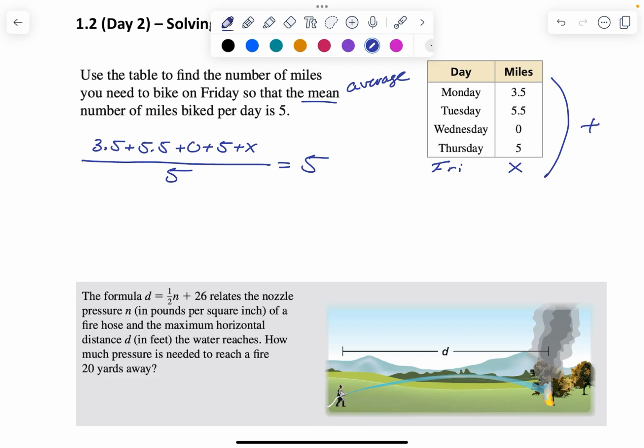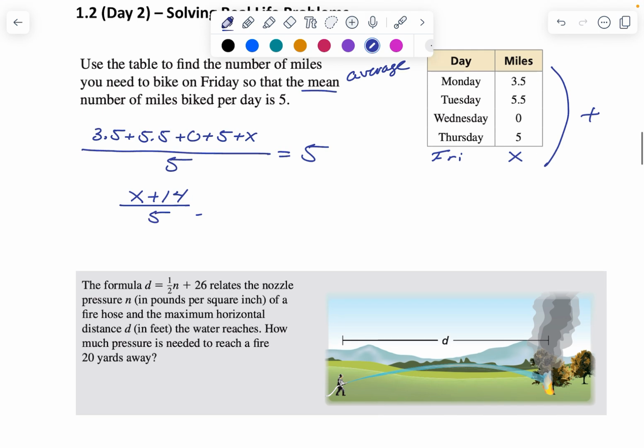So if we simplify the top of that fraction, we're going to end up with x plus 14 divided by 5 equals 5. Now, I don't think we've seen anything like this yet. That x plus 14 is all together there. We can't do anything with that until we get rid of that 5.